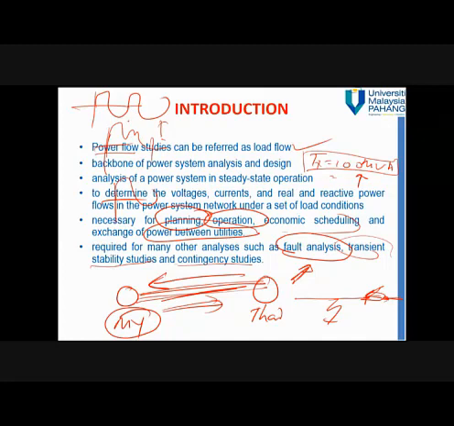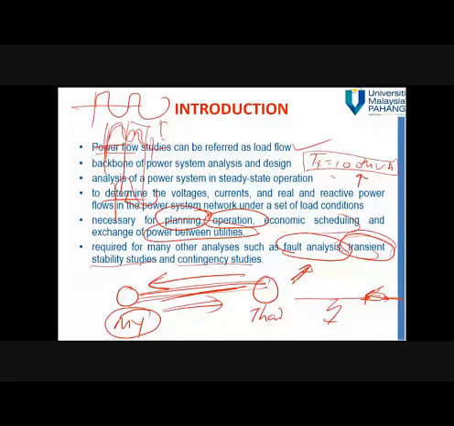Maybe within this microsecond, what happened to the voltage spark? If it's so high, we have to eliminate the spark, or eliminate the current sparking. That's why we have to study the transient. This is studied within a second or milliseconds. In the transient stability study, we look at the waveform of the current and voltage.